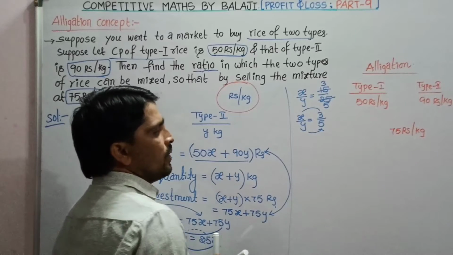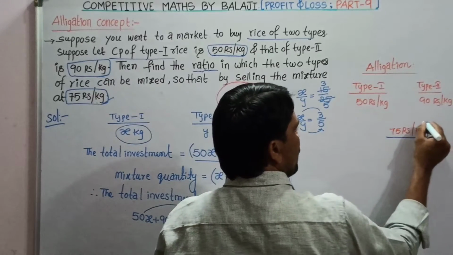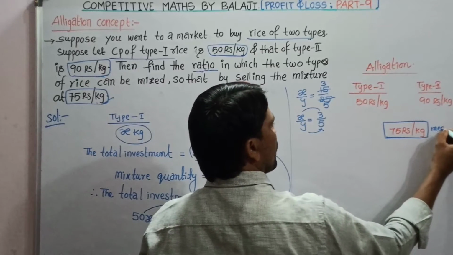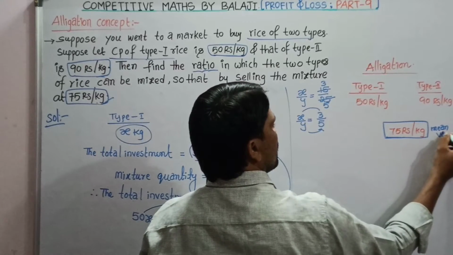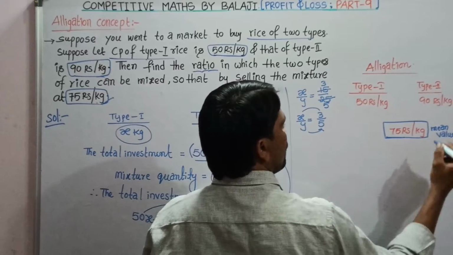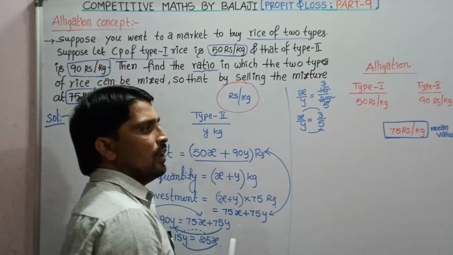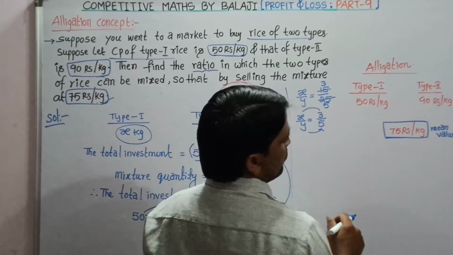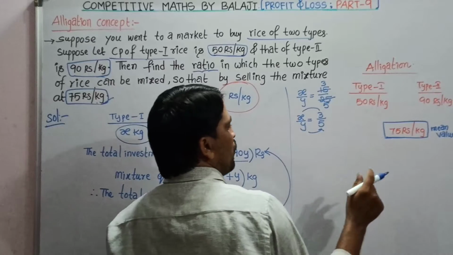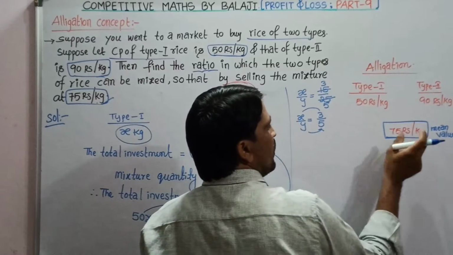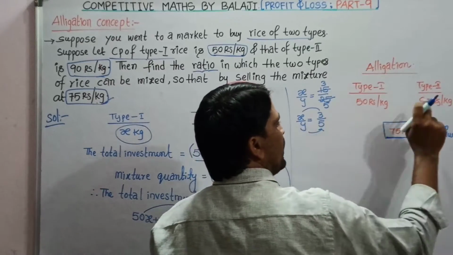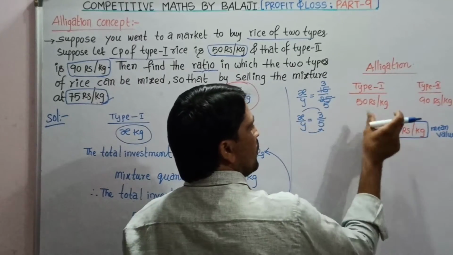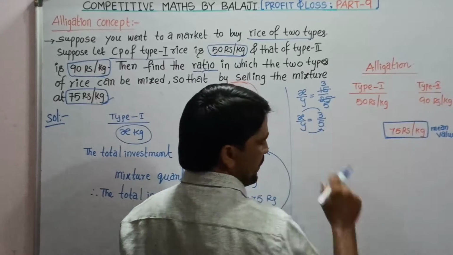Note that the CP of the mixture is always a mean value. That means it lies between 50 and 90. Why? Because we can't sell the mixture for less than 50 rupees or more than 90 rupees, so it always lies between the least value and the highest value.